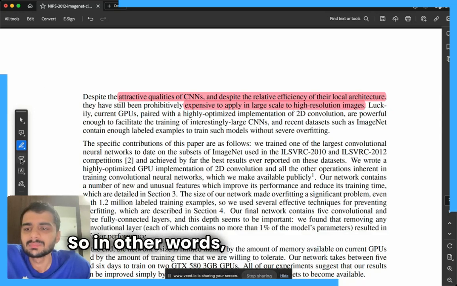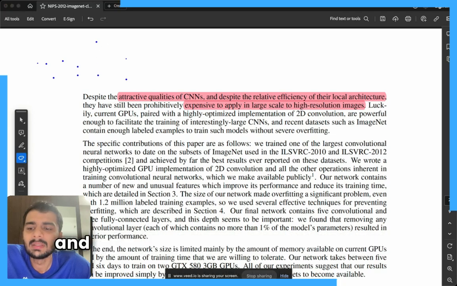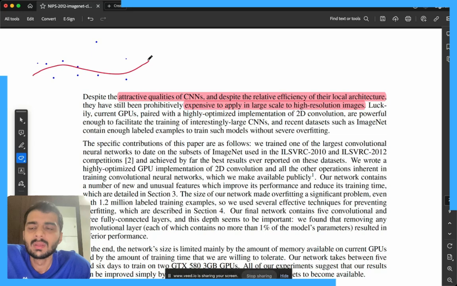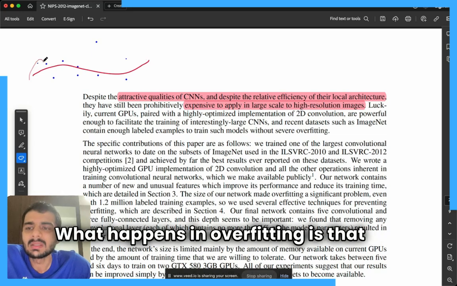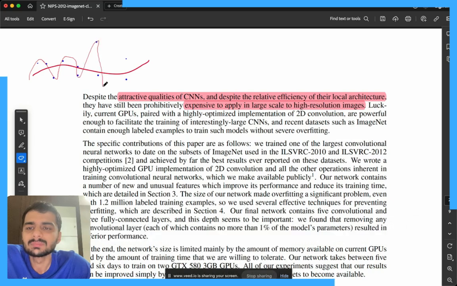So, in other words, let's say these are the points that you have in the data, and let's say this is the actual function. What happens in overfitting is that you try to fit a function which passes through all these points.